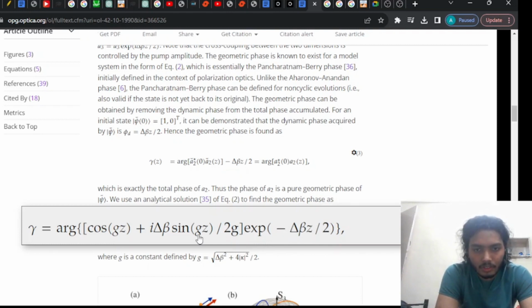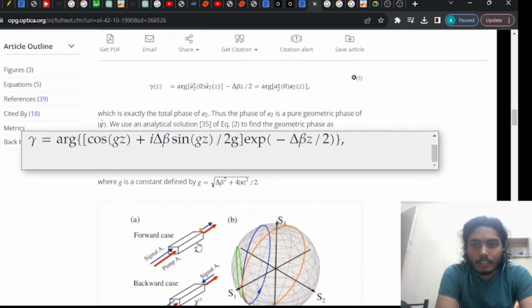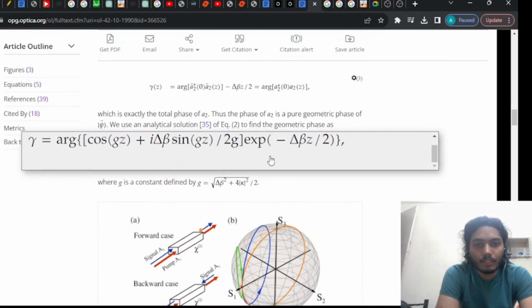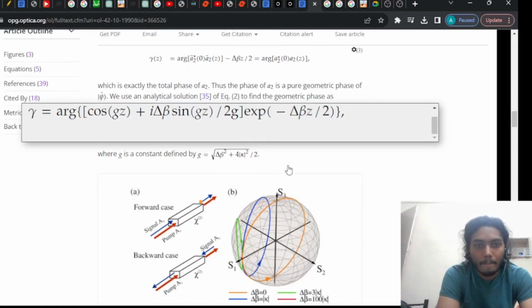So once we substitute the value of g here, we will get A2 as a function of delta beta, that is the phase mismatch, the mod of the pump amplitude, because A1 is sitting in kappa, and z. But we know the value of z, that is 50 millimeter. We just substitute it here, and we will get some expression for A2.